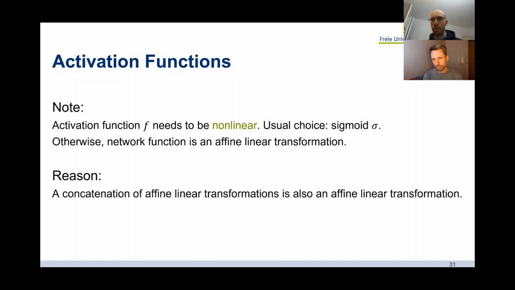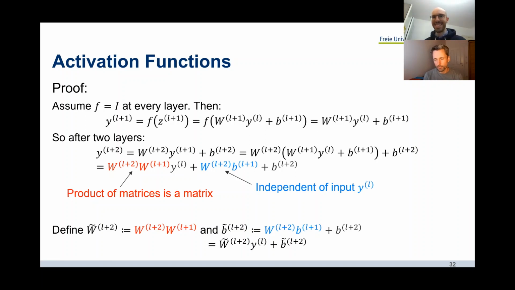So in other words, our network is not going to be better than a linear regression. And the reason for this is that a concatenation of affine linear transformations is also an affine linear transformation. So in case you don't believe me, I've sketched down a brief proof of this, where we can also recap a bit of the formalism.